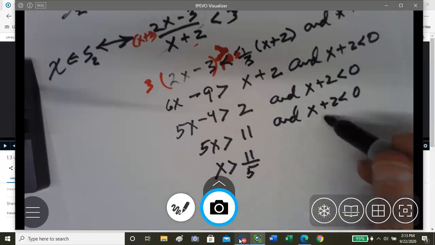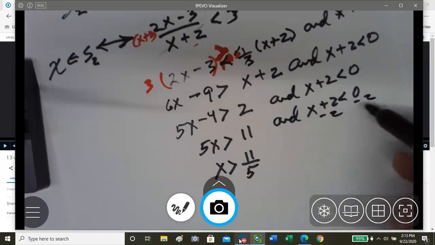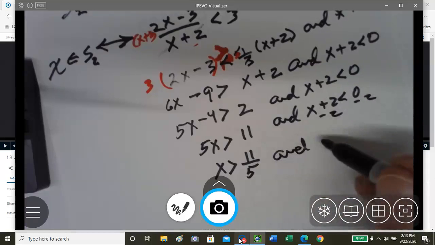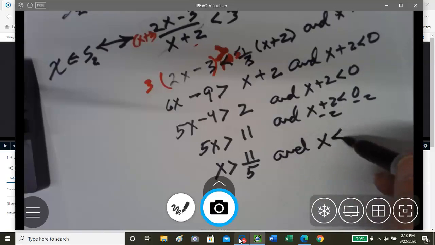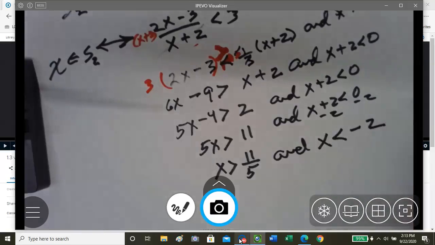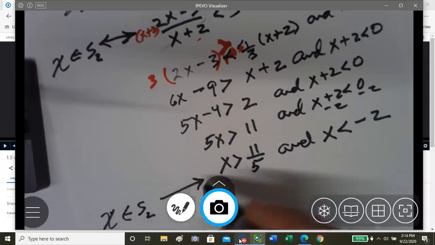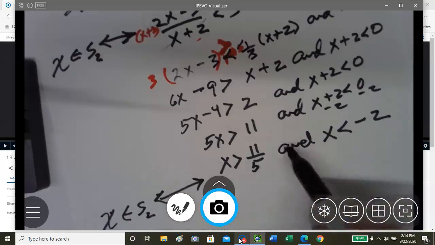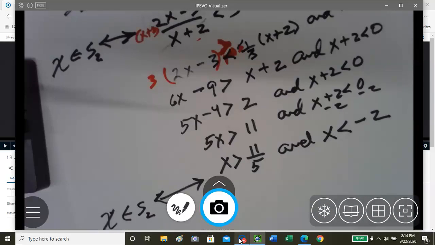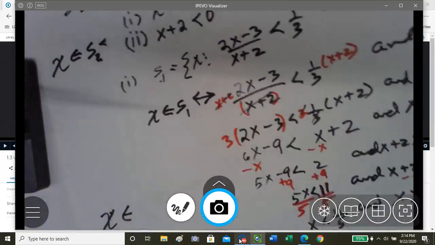And here we're going to go ahead and solve for x, so we subtract 2, and x is less than negative 2. So to finish this, x is an element in set S2 if and only if x is greater than 11/5 and x is less than negative 2.